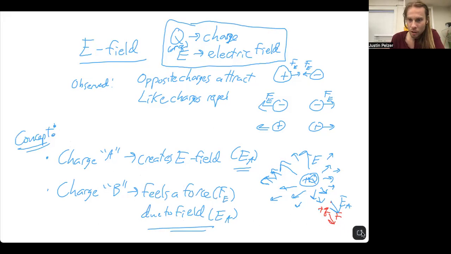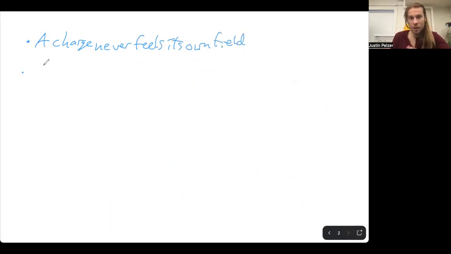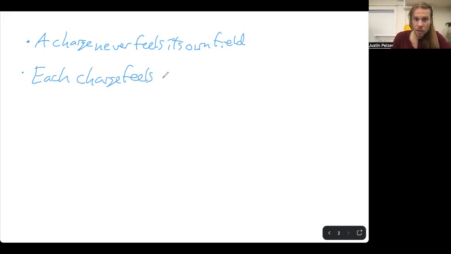So a few things to go over. One is a charge never feels its own field. But each charge feels the other's field. Feels every other field in existence, really.